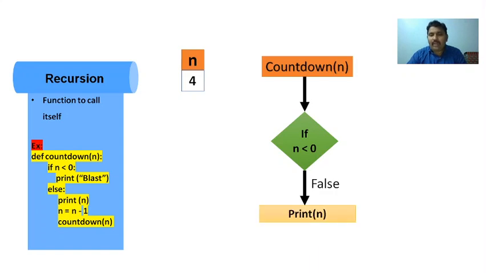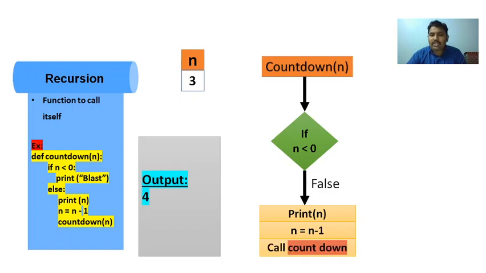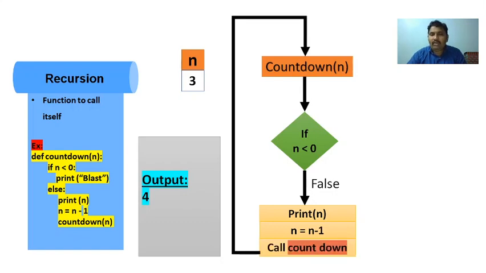Then print n produces the output 4. Then the next statement, n is equal to n minus 1, and again I am calling the countdown function. Now the n value has become 3, and the countdown function is called again with the value 3.